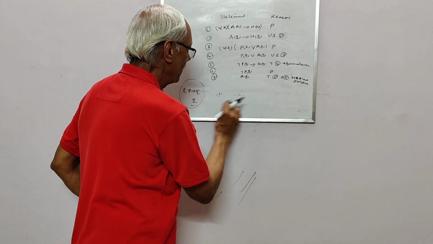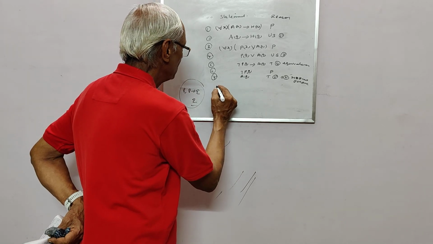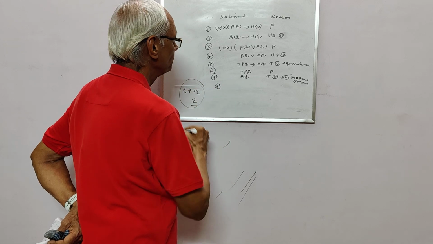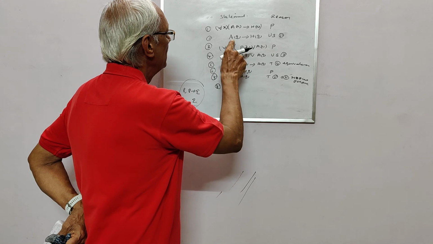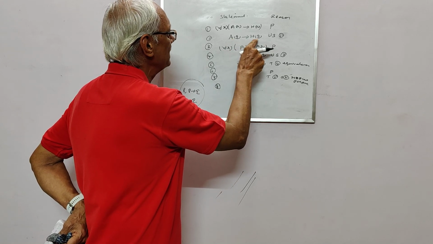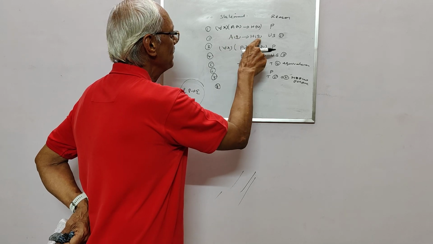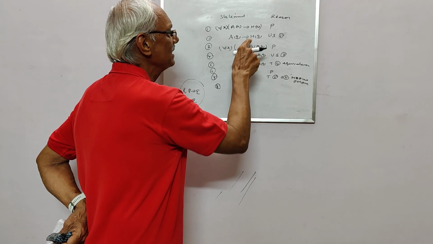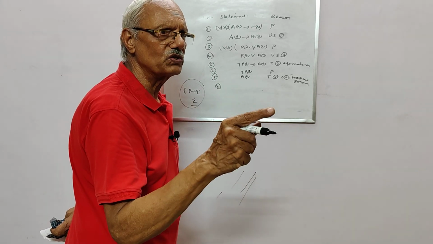Now coming to the next step, I hope that you should be able to do this. So this is your 8th one. A of G is true. A of G implies H of G is true. Therefore this H of G is true. Again modus ponens: P is true, P implies Q is true, Q is true.